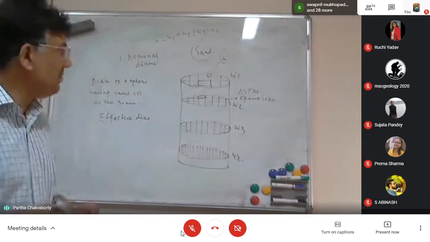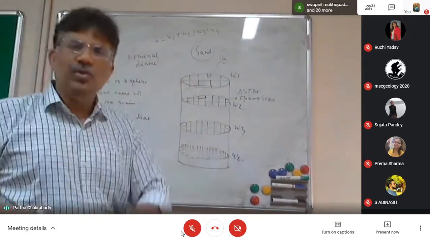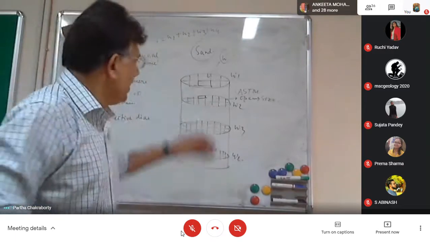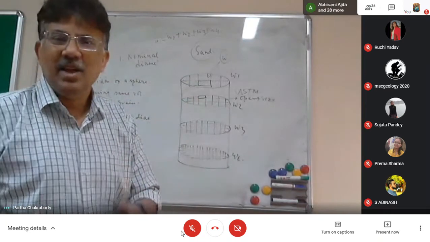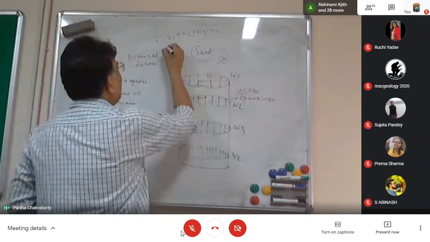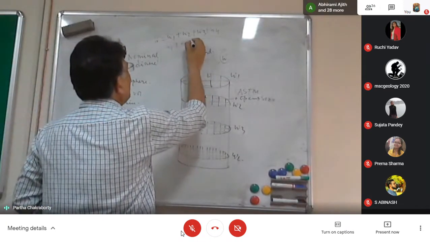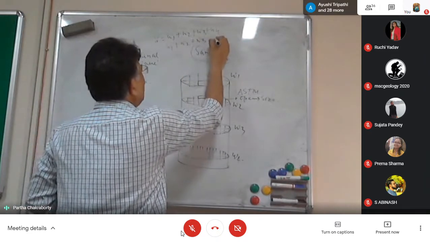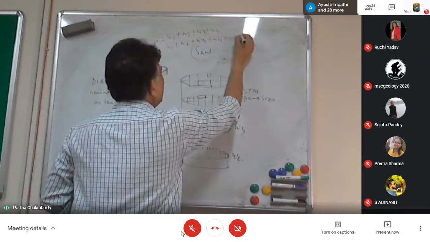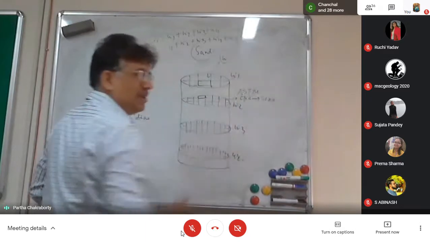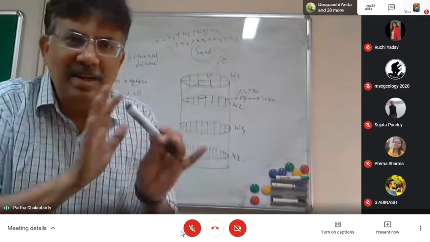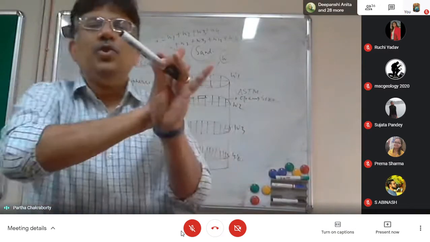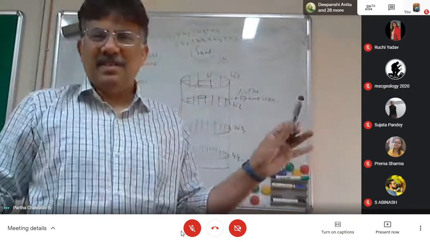Now I have done this. Suppose instead of 4, you have put 6 different sizes. Then the same sample will be divided into 6 fractions, W1 to W6. So the more sieves you insert, the more fractions your sample is divided into.